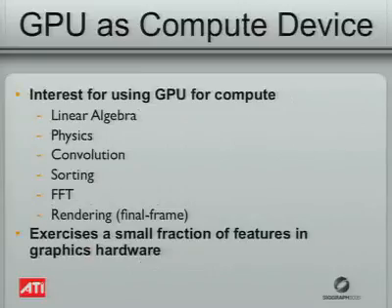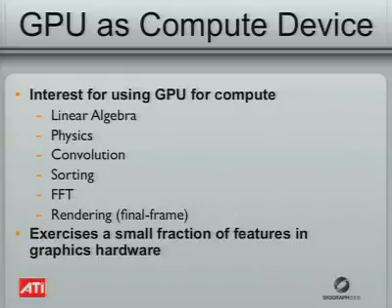So when do these problems start to become apparent? Well, when you start to use the GPU as a compute device. And due to the low cost, high performance, and widespread availability, there's been a lot of interest in using the GPU for various compute applications. For example, linear algebra, physics, convolution, sorting, FFT, and rendering, in this case final frame rendering, stuff that you would typically use with an offline renderer.